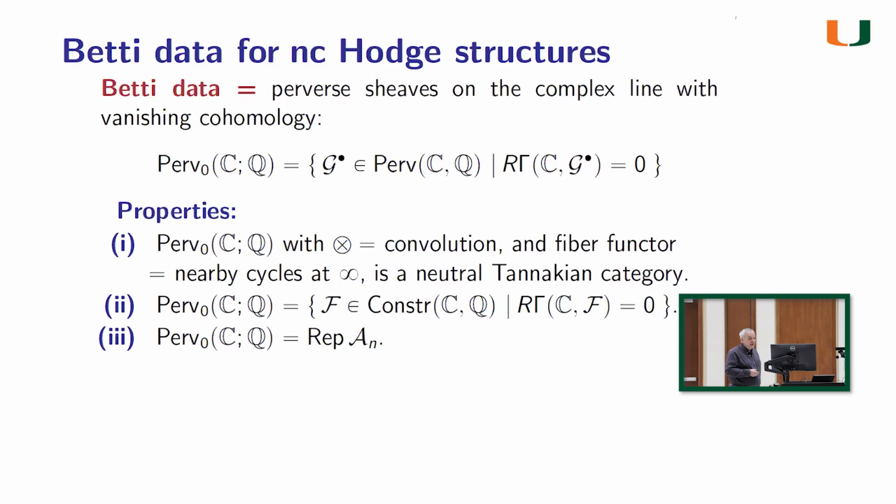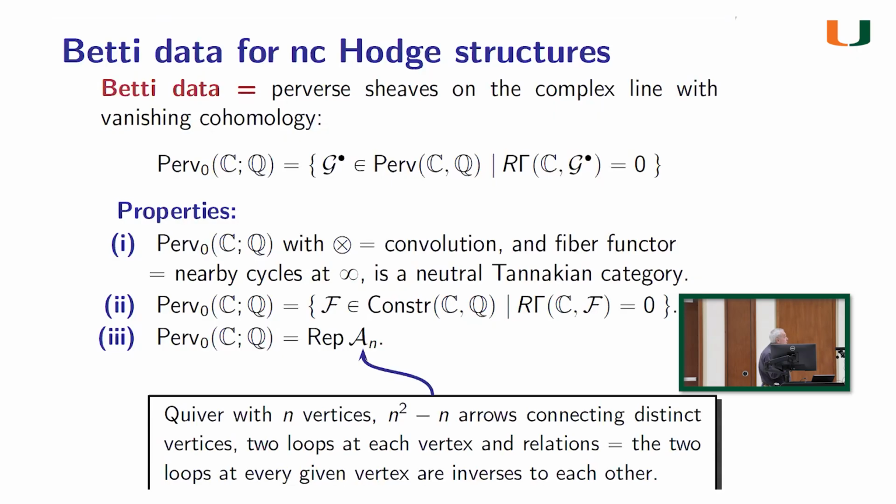So instead of saying perverse sheaves, you can say constructible sheaves. They are complexes, but they're supported in one homological degree, which happens to be -1, but let's say constructible sheaves on the line with global cohomology 0. And they're also representations of a quiver.